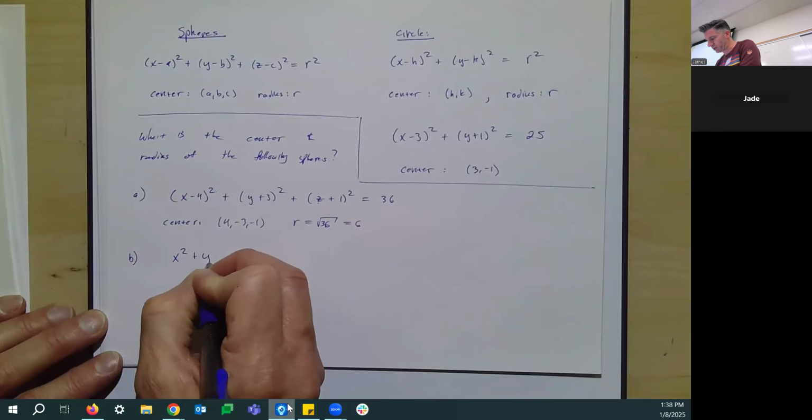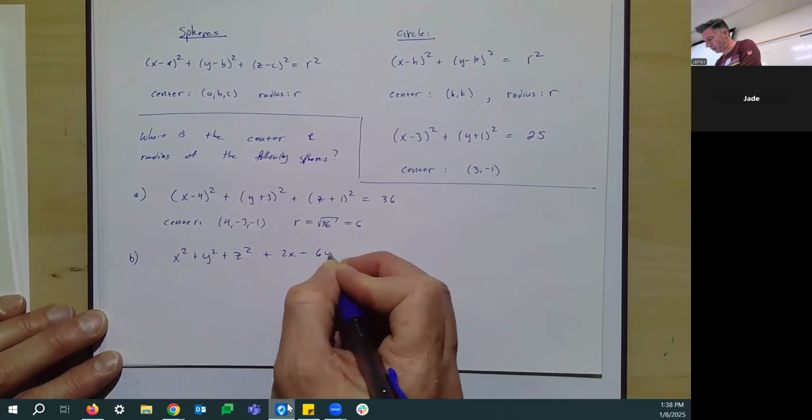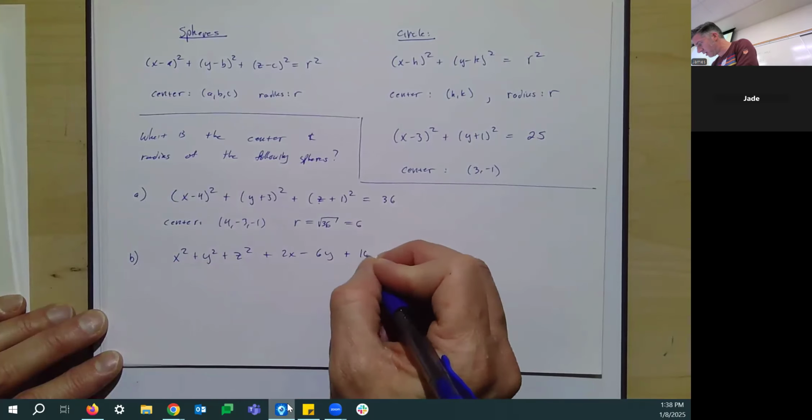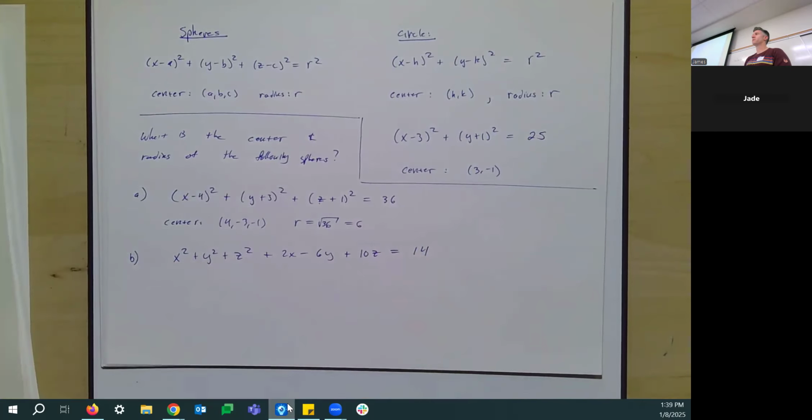x squared plus y squared plus z squared plus 2x minus 6y plus, let's not make it crazy, 10z equal to 14. So first and foremost, the radius is definitely not the square root of 14. And I know that because this left-hand side isn't written in the standard way.